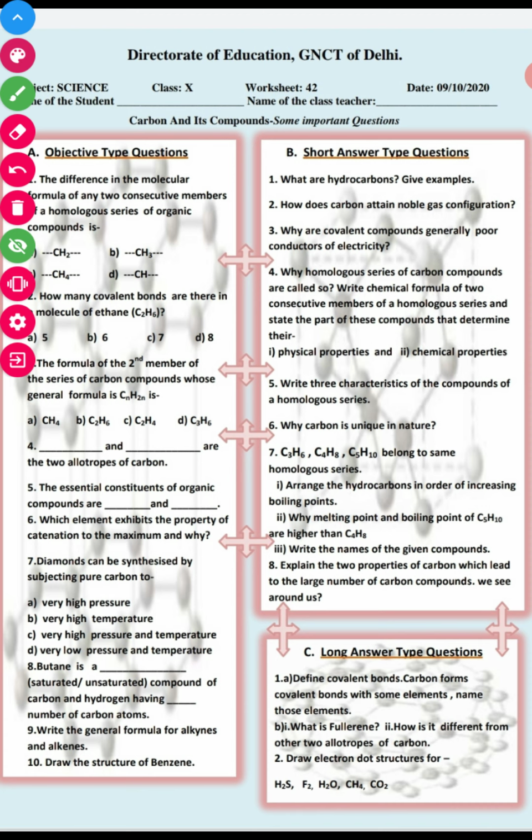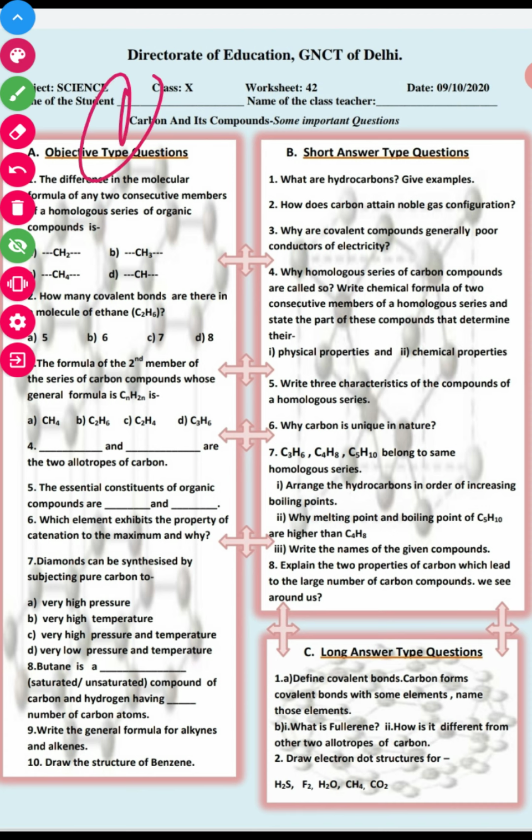Why carbon is called unique in nature? Because of its ability to make covalent bonds with so many atoms, with heteroatoms, you can say. Tetravalency means valency 4. The property of catenation makes carbon a unique element.